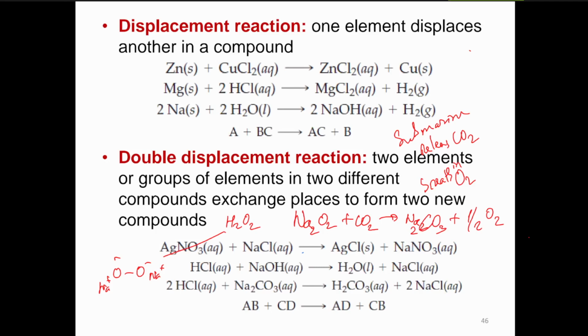So this is also a displacement reaction, right? Interestingly, at the same time, you can remove CO2 from the atmosphere and then generate oxygen into the atmosphere to keep the environment inside the submarine supportable for the living of the soldiers.